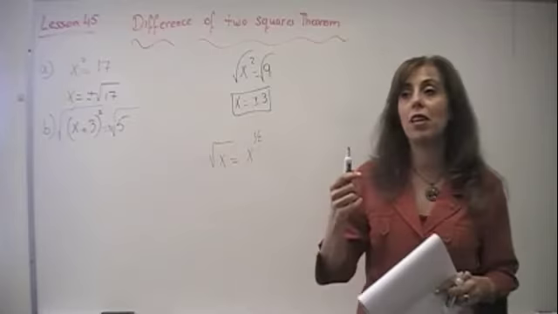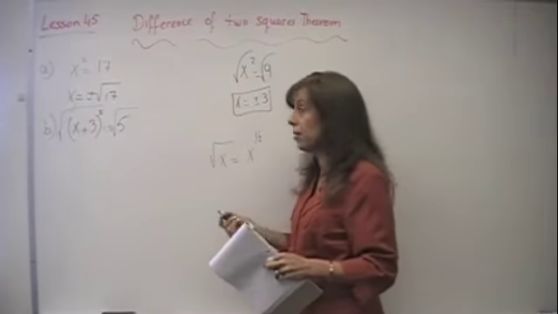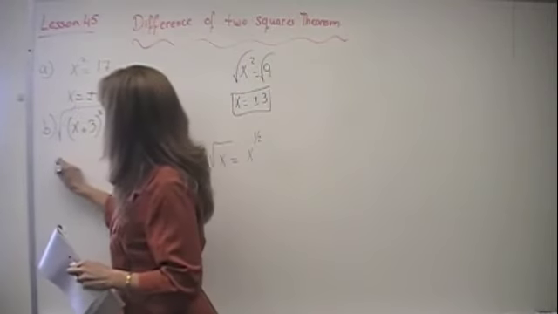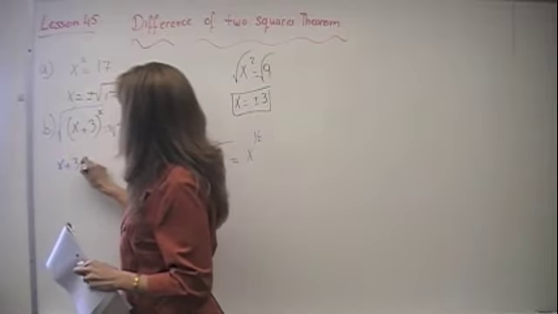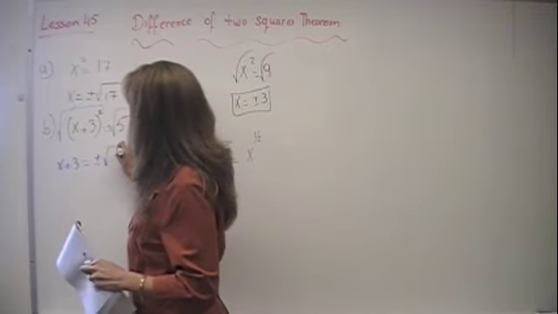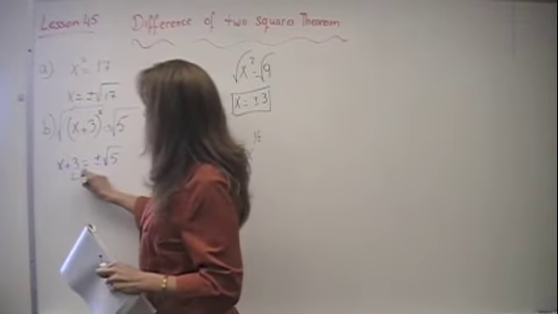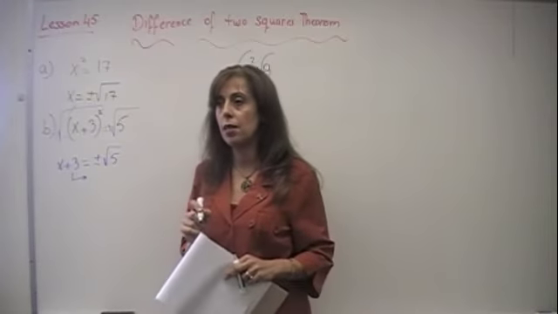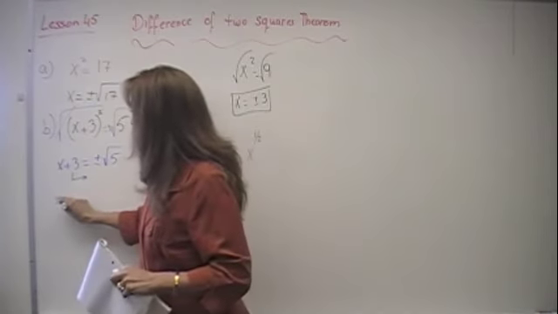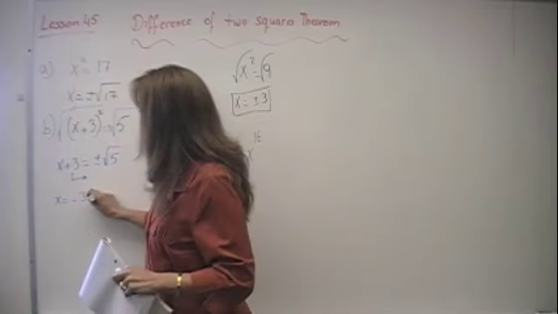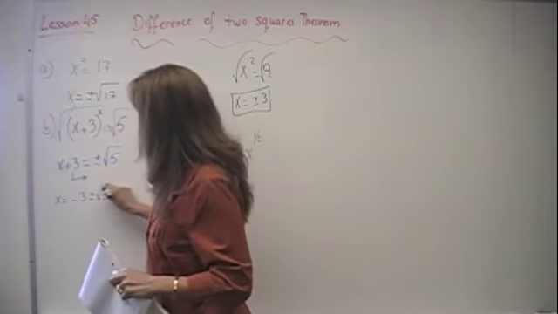Negative square root of 5 times negative square root of 5 is 5. So my answer here will be x plus 3 equals positive negative square root of 5. Move the 3 to the other side. So x will be negative 3 positive negative square root of 5.